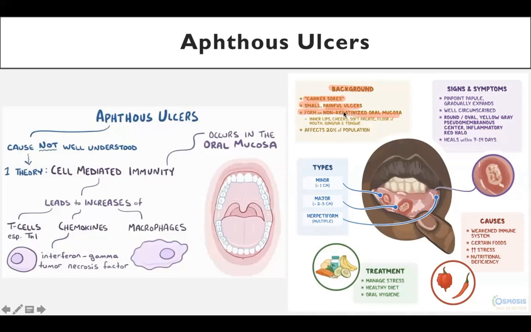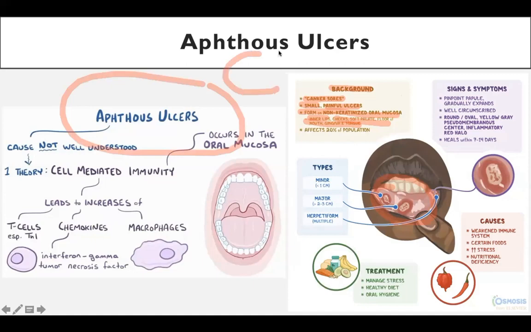Minor is formed on the non-keratinized oral mucosa, found in the inner lips, cheeks, soft palate, floor of the mouth, gingiva, and tongue. So suddenly a patient has an abnormal ulcer on the lips or cheeks or oral cavity, and you cannot find a clinical picture of fever or prodrome or any related symptoms or signs, then it can be an aphthous ulcer.